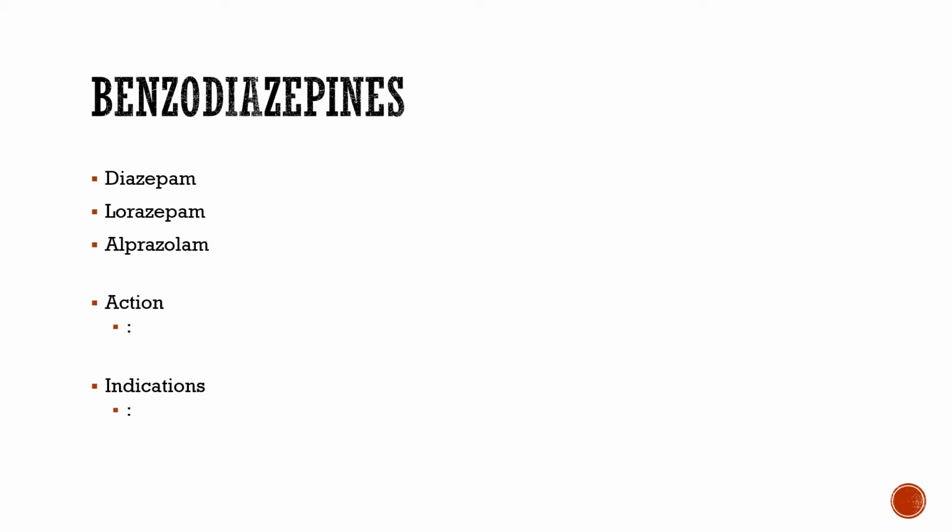The higher doses, we use those a lot for sedation, and also for severe agitation. So our indications, there's a bunch. Anxiety, we talked about, right? We use them for anxiety. Agitation.